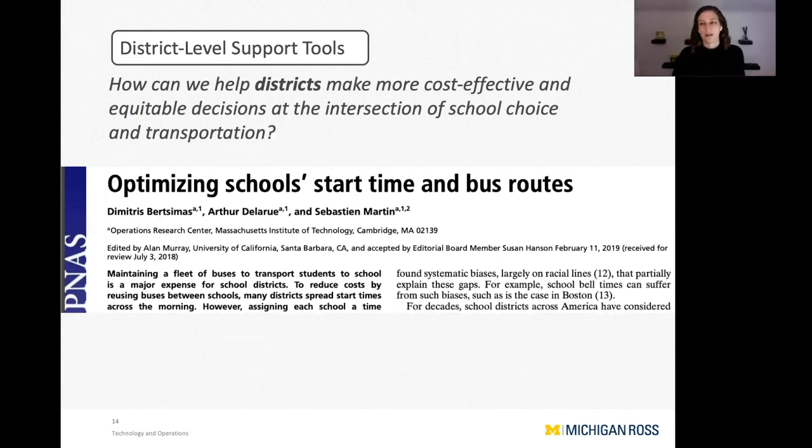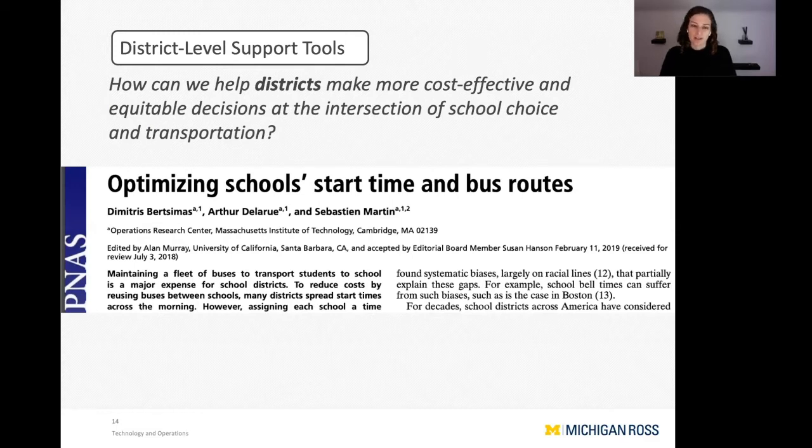The second area I'm going to talk about is district level support tools. And so this area of research comes from the market reforms, because market reforms actually make some of the original OR problems far more complex. Because, and this paper captures this perfectly, it looks at the transportation issues that are created when you give so much choice.